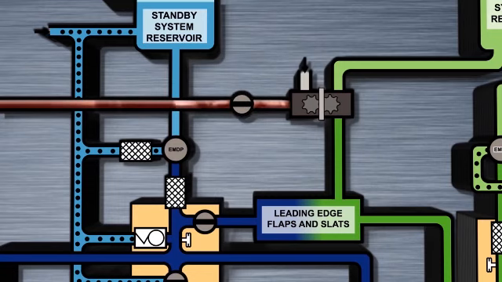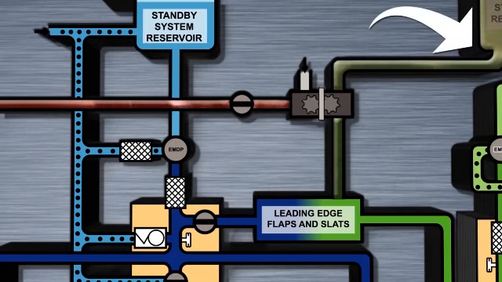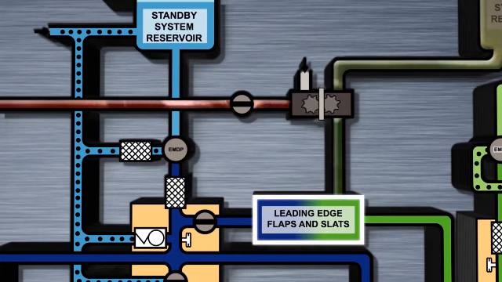The System A fluid turns the motor, which drives a pump. The pump receives System B fluid from the port at the bottom of the System B reservoir. The pump pressurizes this fluid, thus providing an alternate source of pressure to the leading edge flaps and slats. The PTU drives the leading edge flaps and slats to the full extend position.